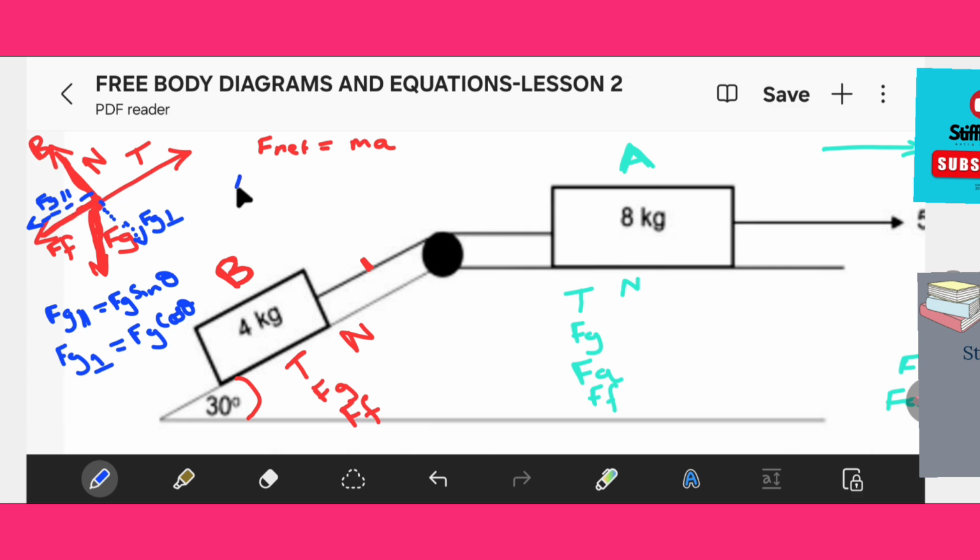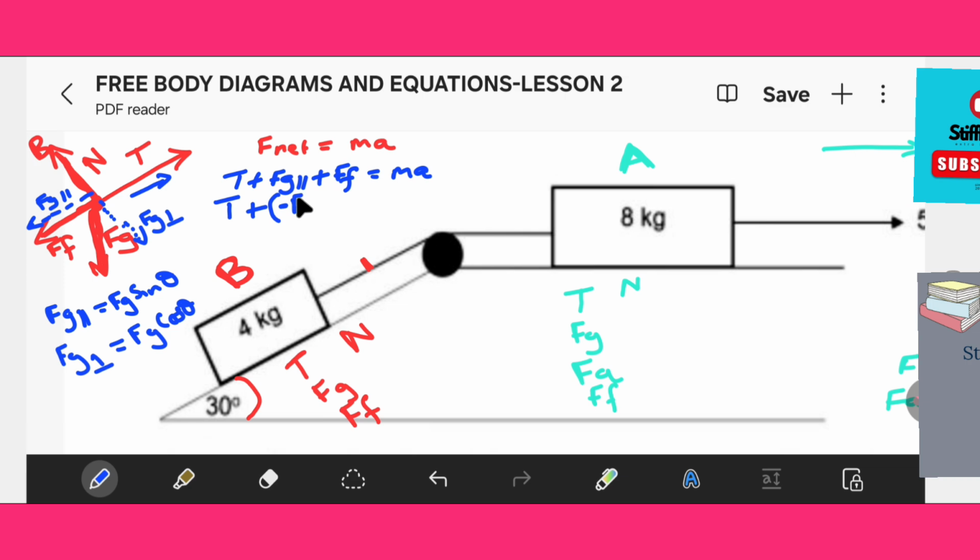So this will be tension plus Fg parallel plus frictional force giving us mass times acceleration. Since our tension is going in the direction of motion, it will be positive. Our Fg parallel will be negative since it is going opposite to motion.